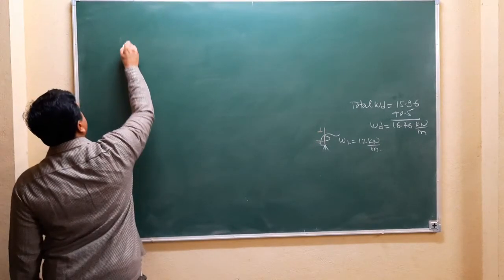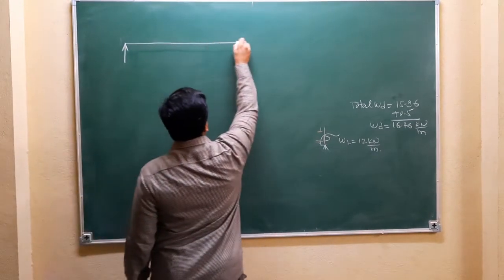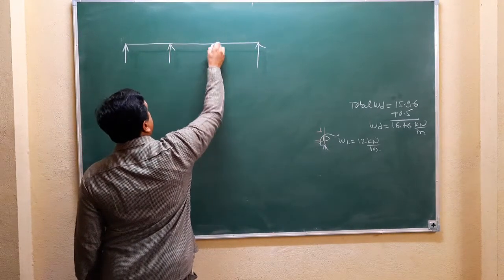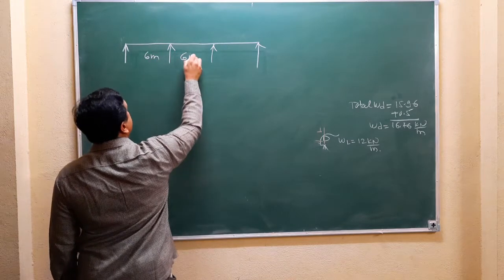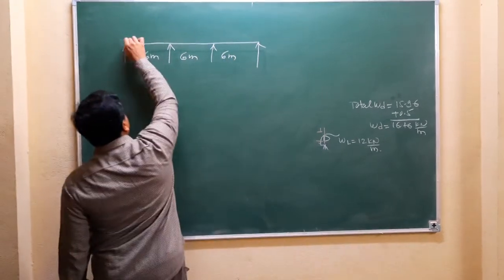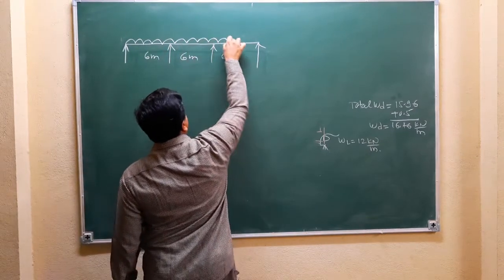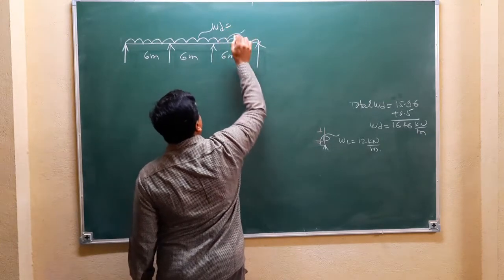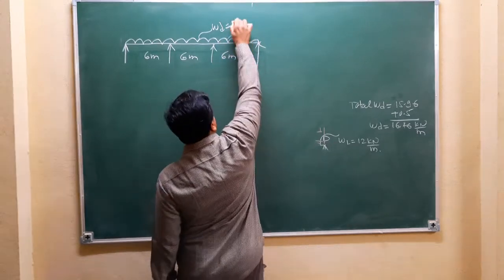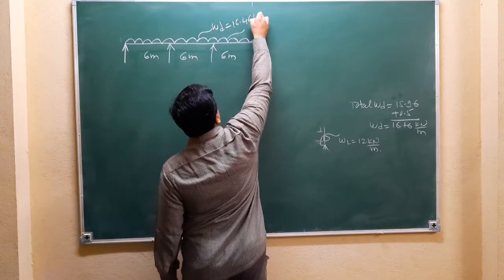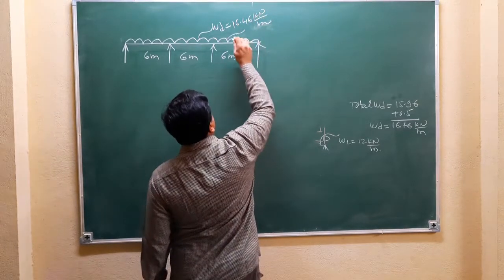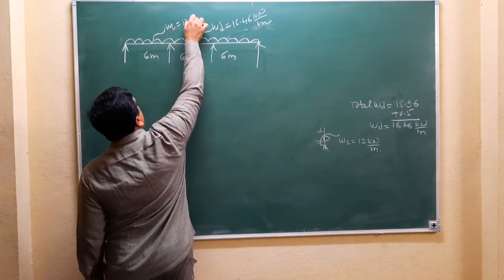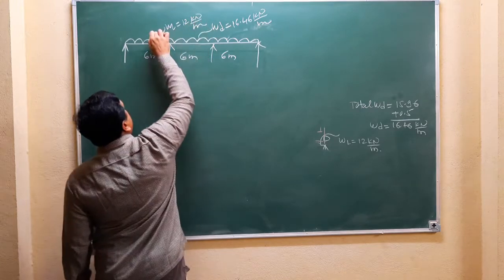So now I want to sketch this beam at this location. The beam is having 3 spans, each of 6 meter, 6 meter, 6 meter, and on this beam the total load is: dead load 16.46 kilonewton per meter, and live load 12 kilonewton per meter.